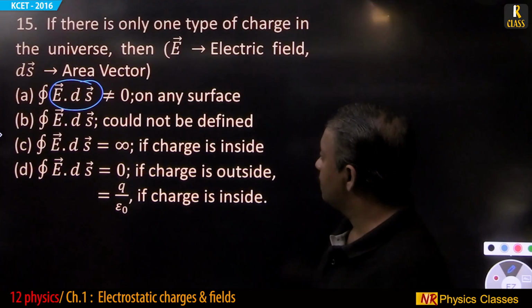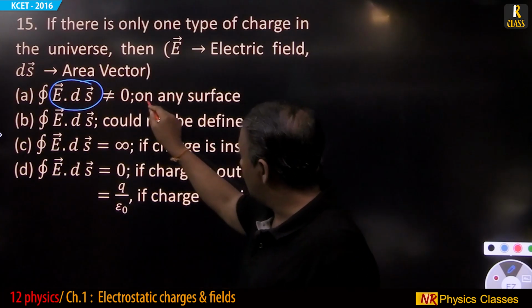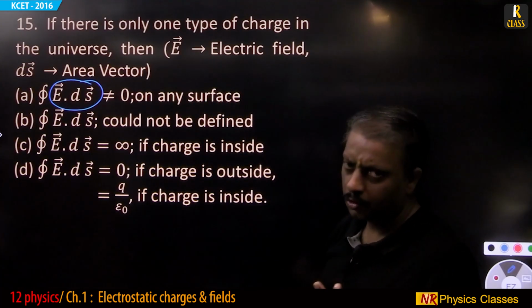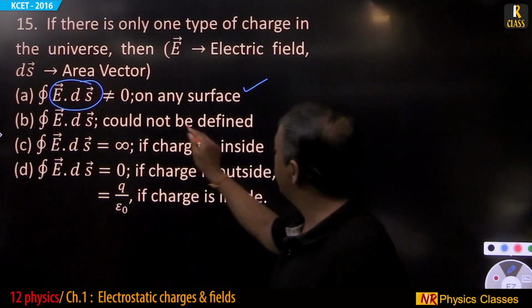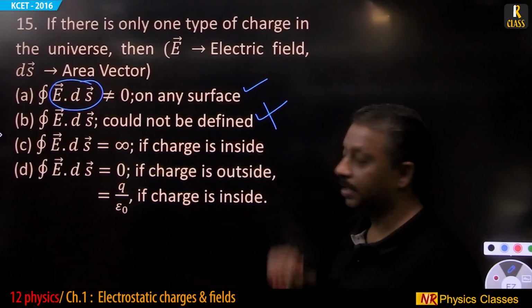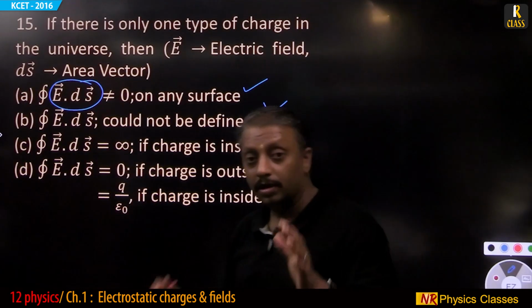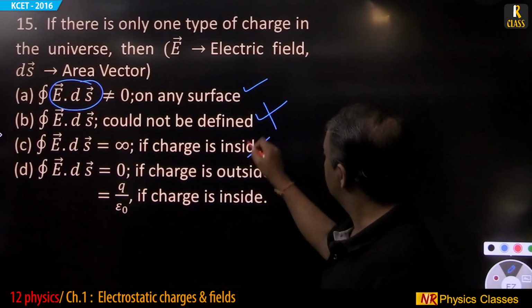Total flux is not equal to 0 on any surface. Could be. Flux could not be defined. Yes, we can define. Therefore, this is not correct option. Flux equal to infinity. No, when charge is not infinity, flux cannot be infinity. So, not correct.